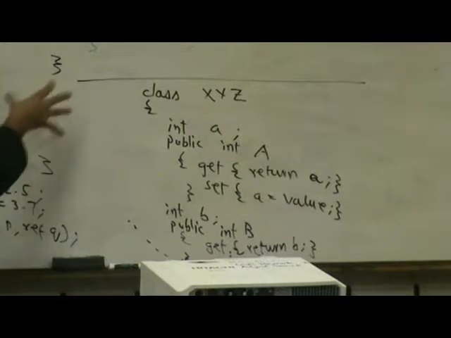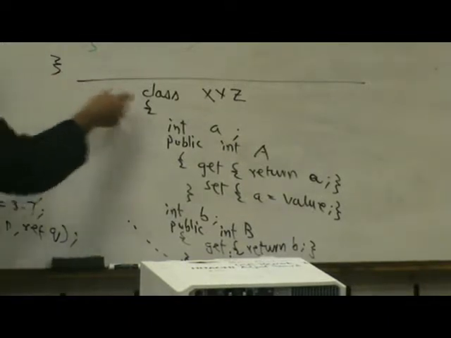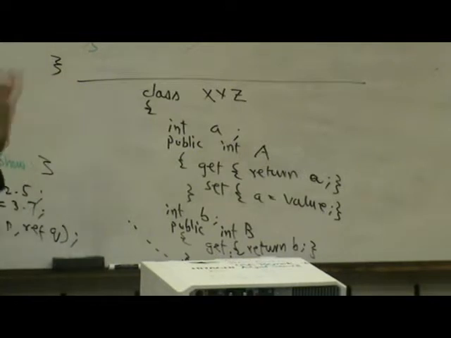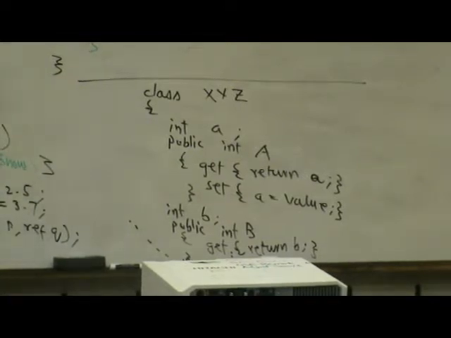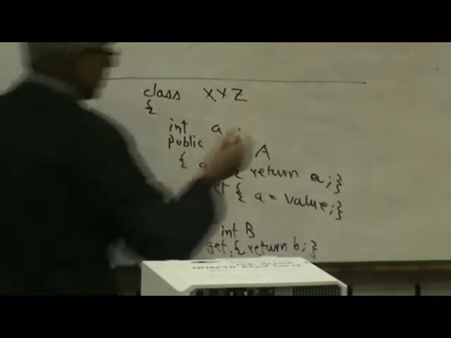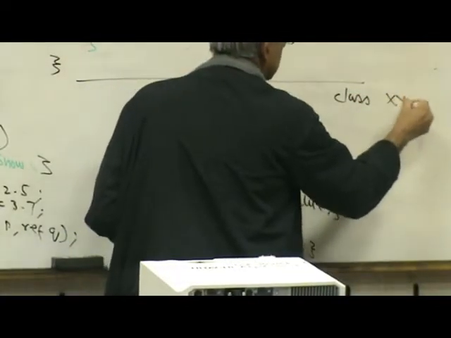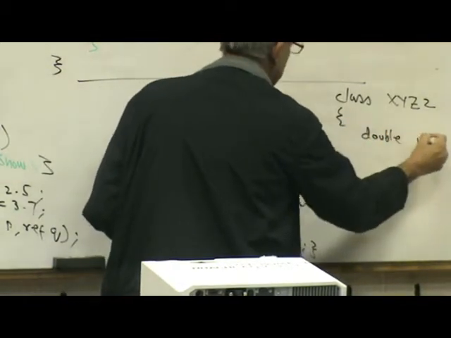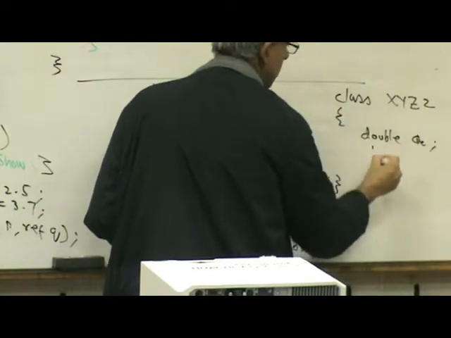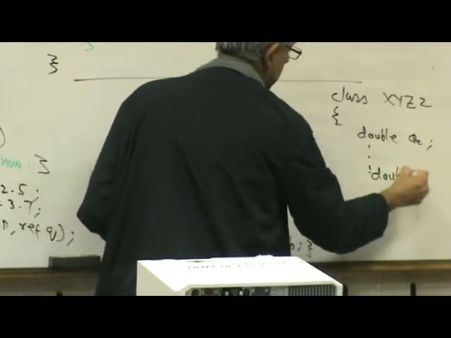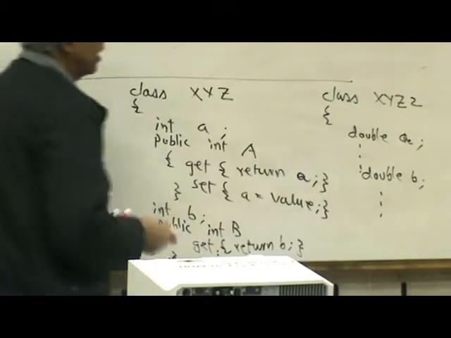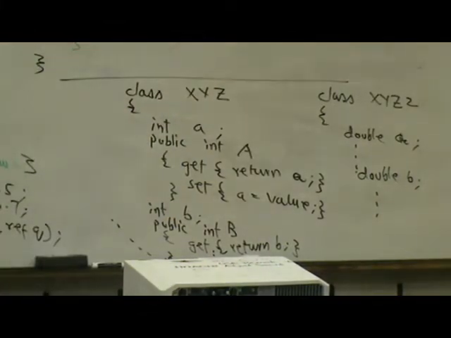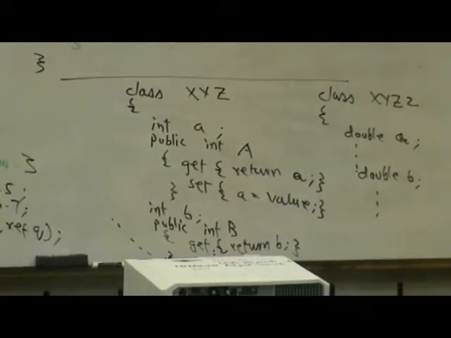So rather than keep creating one more class, and you may call it XYZ2 or XYZ3, and keep changing this data type, meaning doing something like this, XYZ2, and then saying double A and so on, and then double B and so on, then creating XYZ3 with a string. So if the fields inside the class keep changing, this is where we create a generic class.